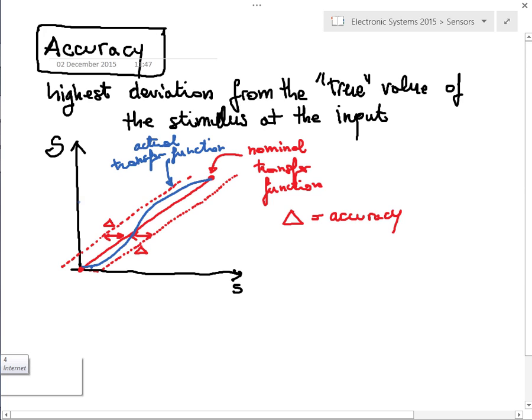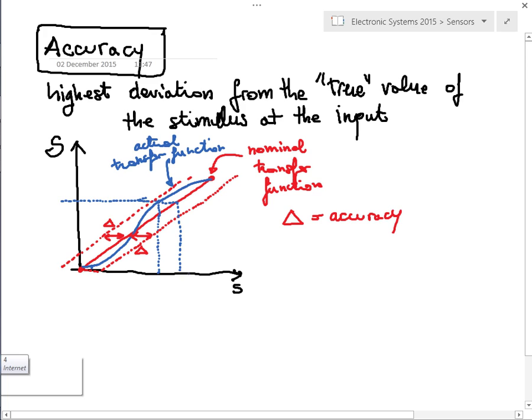If we measure this electric signal S, let's assume that the true value is this one, because the blue curve is the actual response of the sensor. But of course we know the nominal transfer function and we interpret it as this quantity.